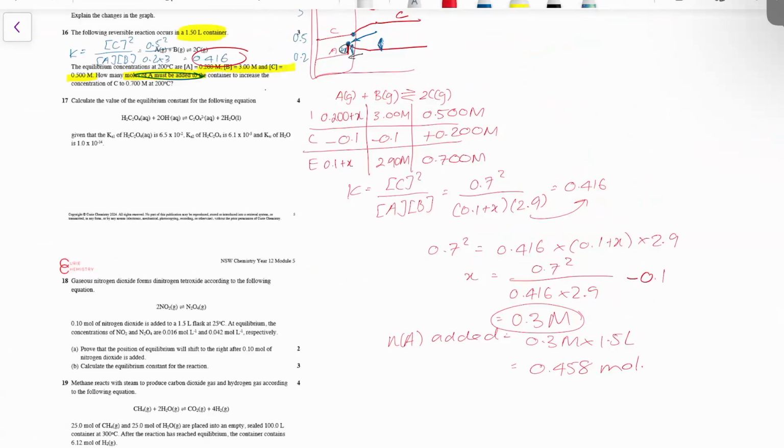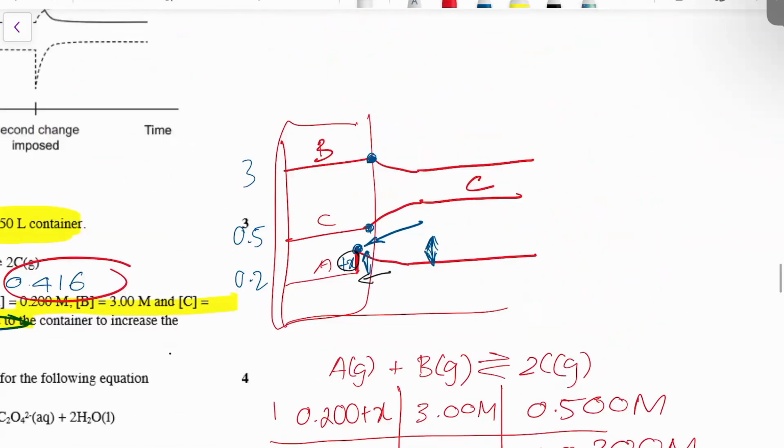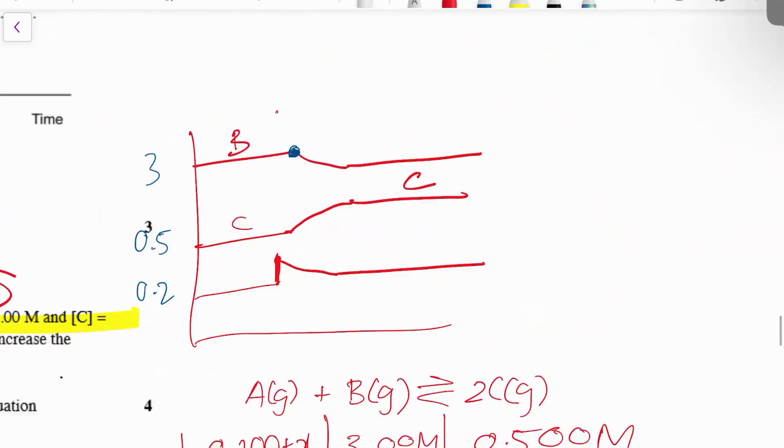Your takeaway from here is that from the initial to the equilibrium is what you're setting up your ICE table for. That's why when we first did concentration versus time graphs, we said that the change is from the end of the immediate change to the new equilibrium.